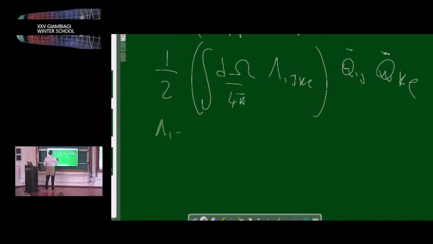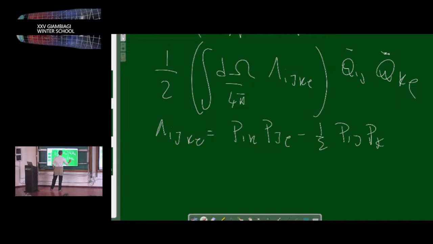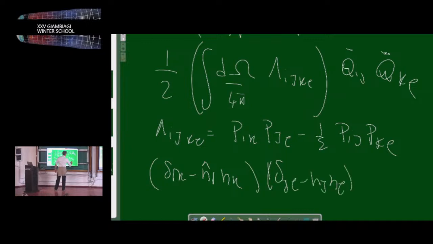lambda ij kl is P ik P jl minus 1/2 P ij P kl. So it is equal to (delta ik minus n i n k) times (delta jl minus n j n l) minus 1/2 (delta ij minus n i n j) (delta kl minus n k n l).